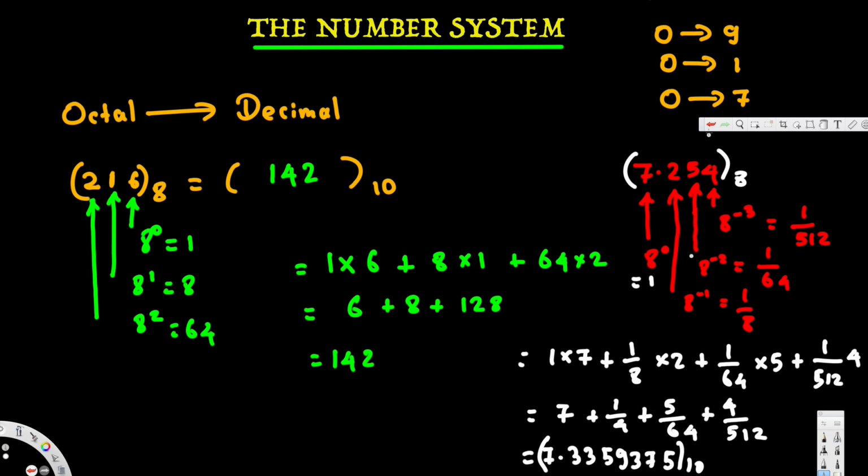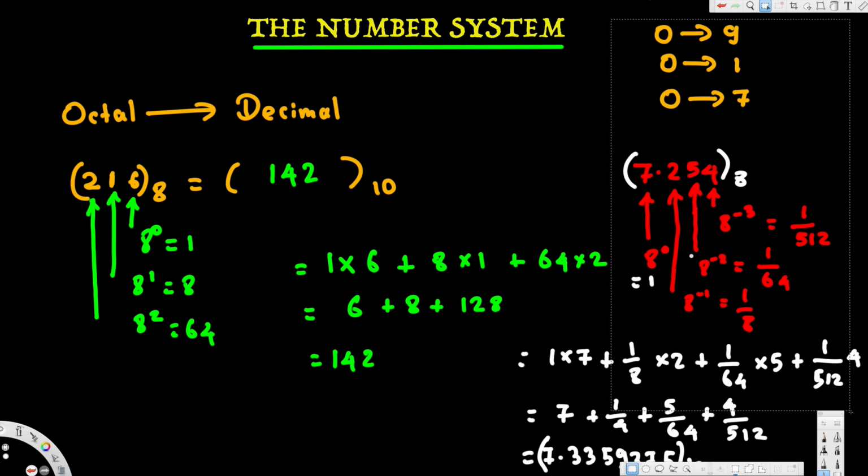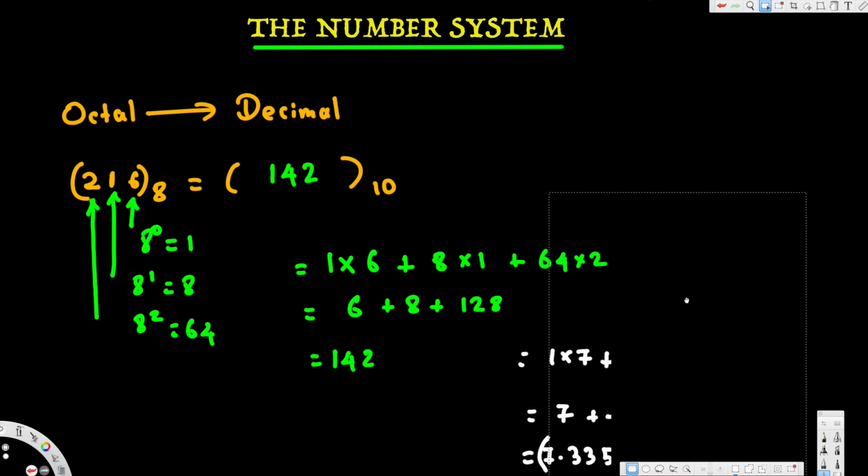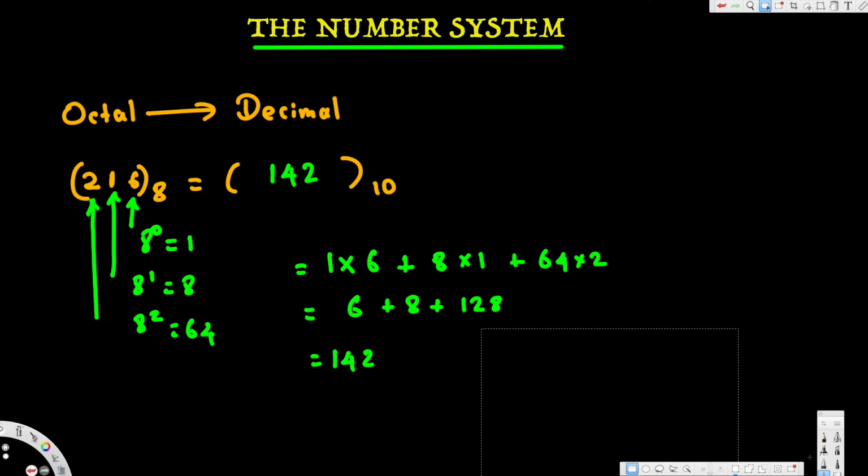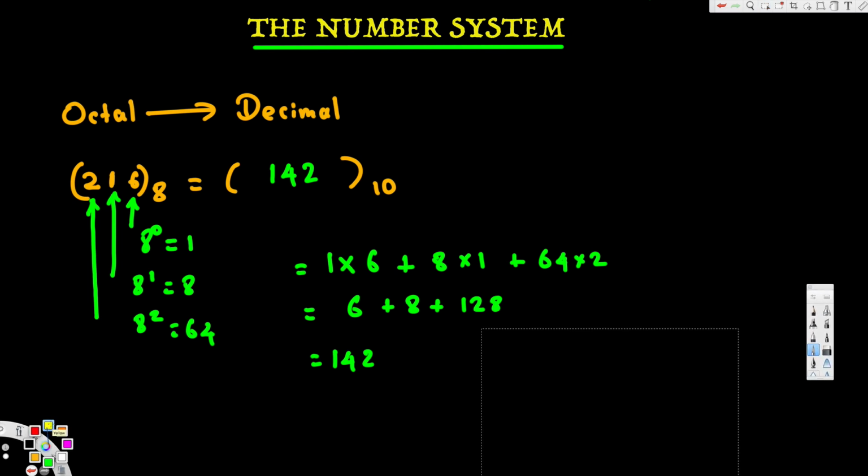Okay, now this is from octal to decimal. Now let's look at an example where we convert from octal to binary. For example, let's say we have a question that's asking to convert 216 base 8 to base 2.